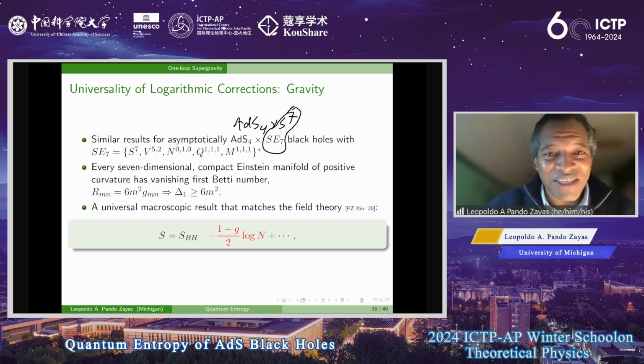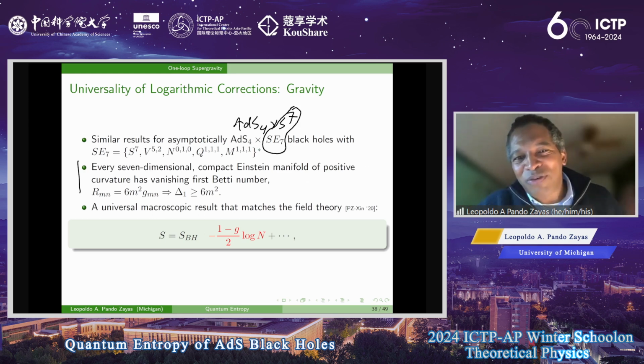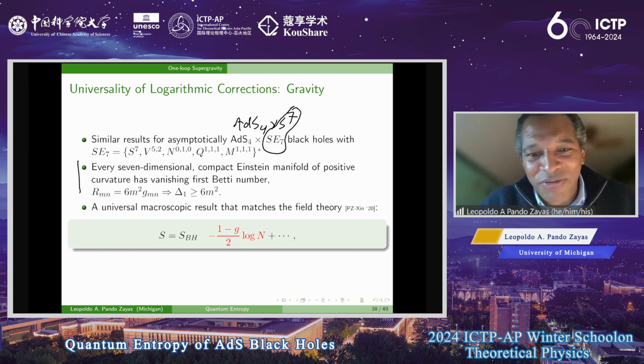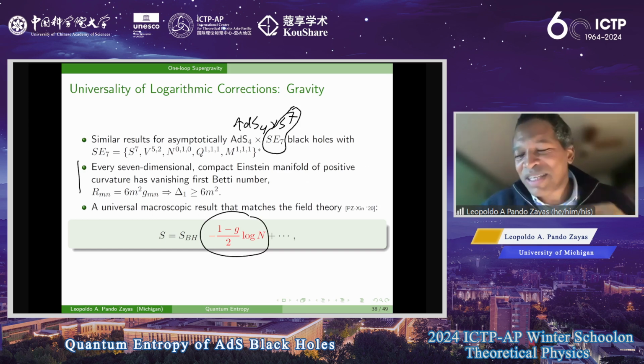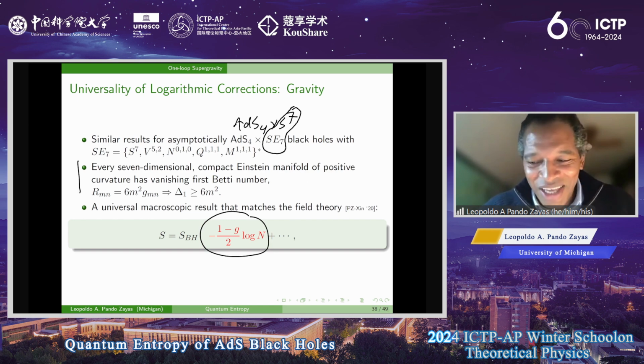In this case, there's a topological condition that allows you to prove that there's no other zero mode. So there cannot be one-form zero modes for these 7-dimensional manifolds. And for this whole class of backgrounds, the log correction to the entropy is precisely the same as I computed before. So that's a nice result.